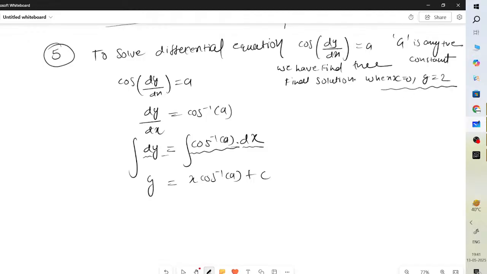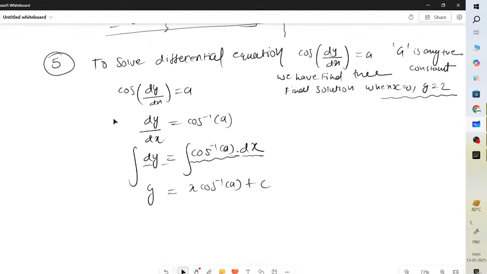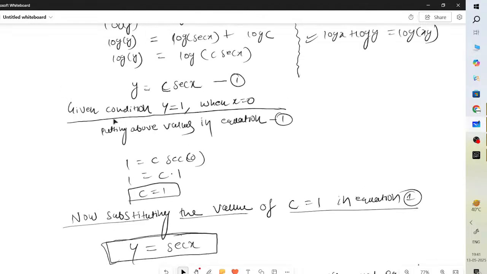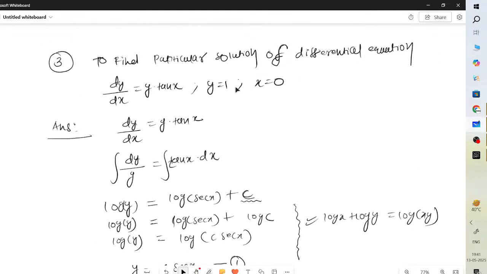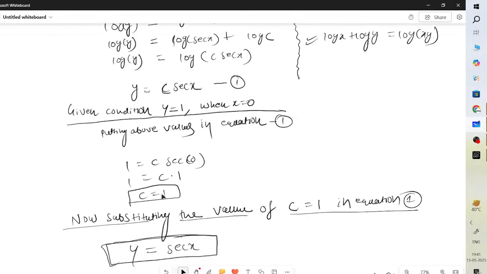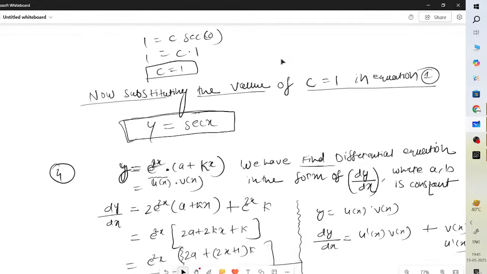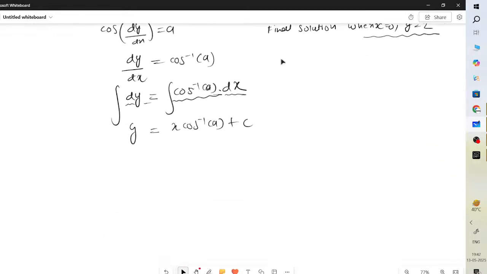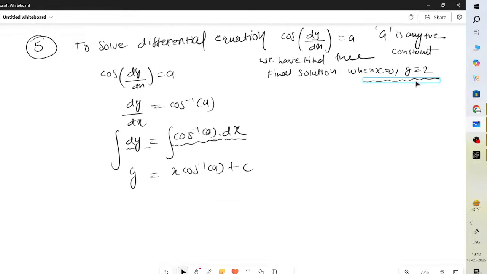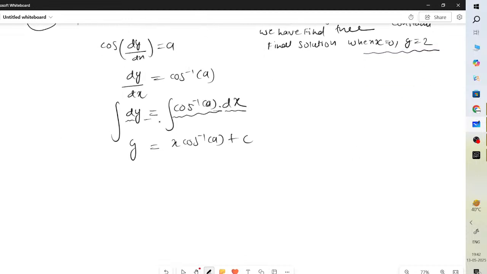We have to find the solution in the given condition, and we have already done a similar type of question in the upper part. What I told in this question is that we always eliminate the constant with respect to given values like y 1, x 2, x 0. In this question we are given x equals 0 and y equals 2. Let's name it equation 1.